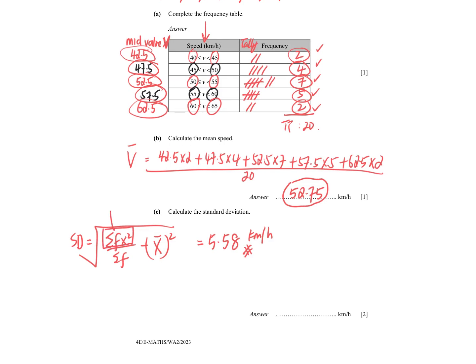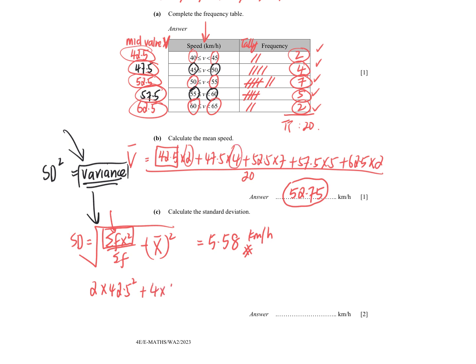In the event you really forget your calculator method, you use the formula to help you. They say frequency times x squared. So your frequency times this one squared. Frequency times this one squared. But in case you forget your calculator method, you could still do this. Don't give up. It's 2 marks.